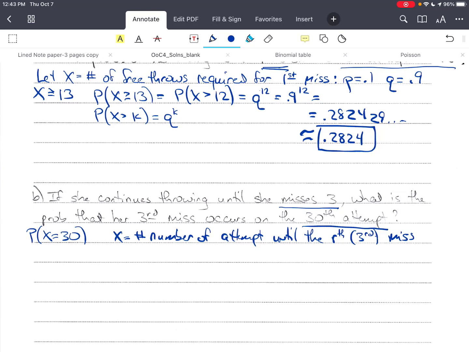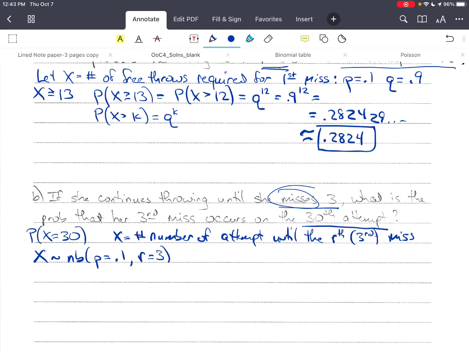Okay, so X is going to have a negative binomial distribution with P equals 0.1, because this is misses, not making shots, and R equals 3.